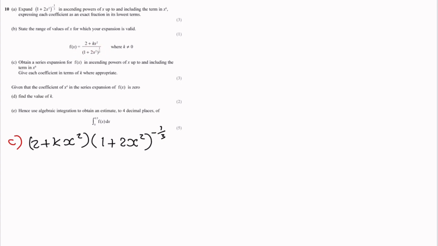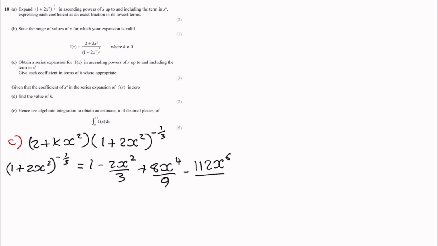So we've already expanded out 1 plus 2x squared to the power of minus 1/3 in part A up to the power of x to the 6, and we got 1 minus 2x squared over 3 plus 8x to the power of 4 over 9, subtract 112 x to the power of 6 over 81. So I just need to multiply all of this by 2 plus kx squared.